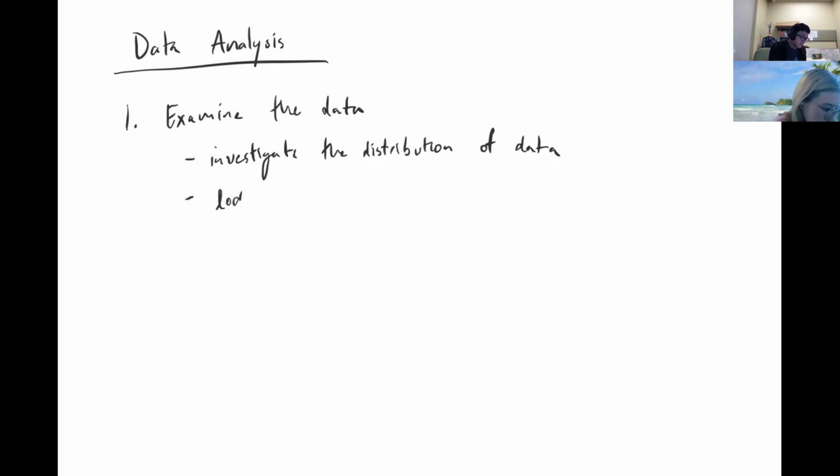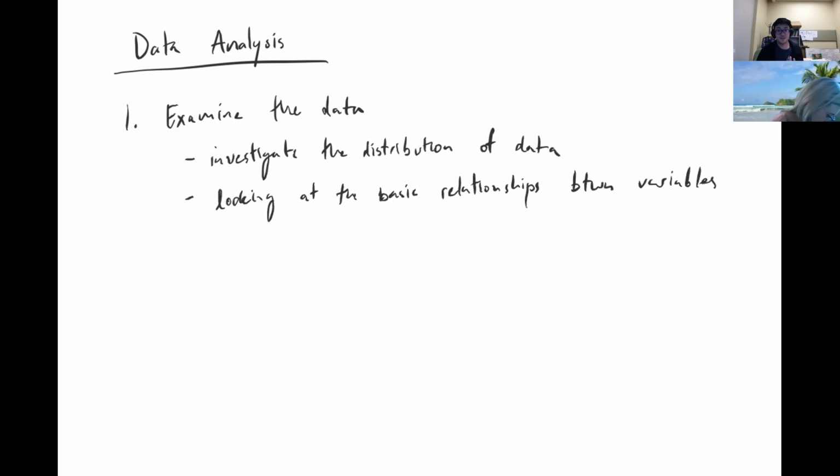So looking at the basic relationships between variables. There's lots of different simple ways to do this. You could create a correlation matrix.